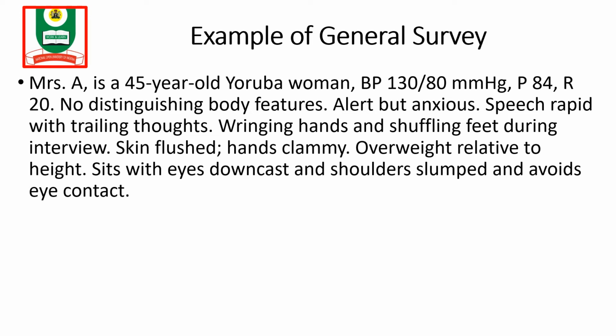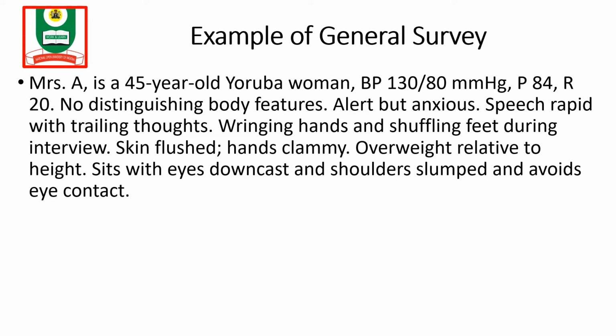Although you see that she is conscious but anxious. The speech, in other words, when you were talking with her, you also observe that the speech was rapid with trailing thoughts, and this individual was wringing her hands and shuffling her feet during the interview.